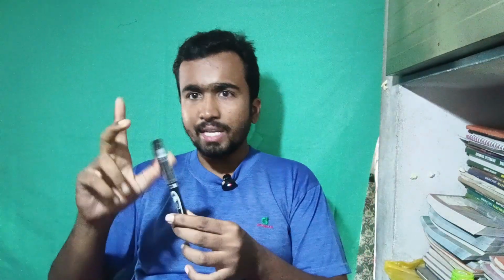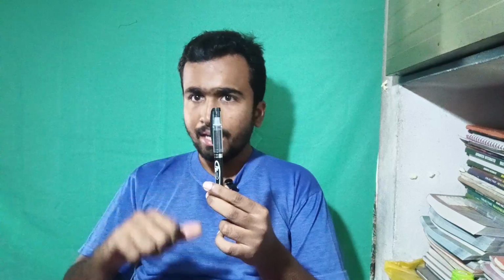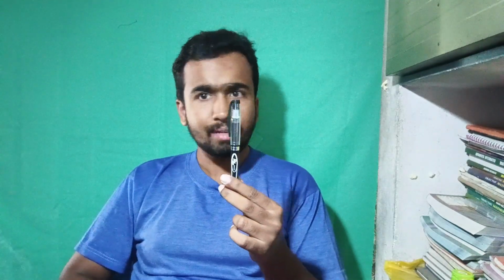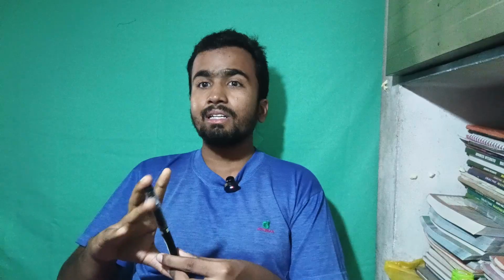Whenever I consider this pen, and I want to say whether the length of this pen is big or small, we can't say that, because for it to be big, there must be another pen that is smaller than this one. If this pen is considered small, then there must be another pen which is larger in length compared to this pen.